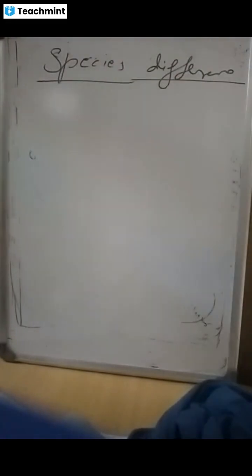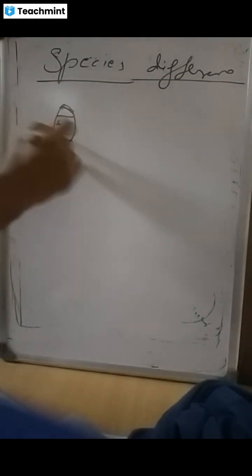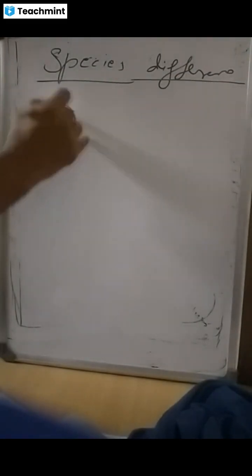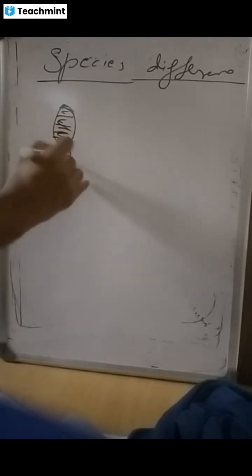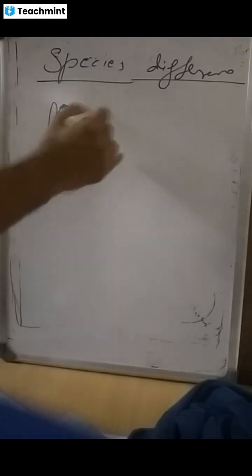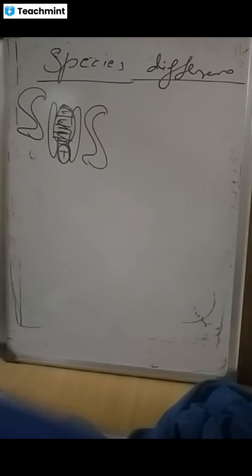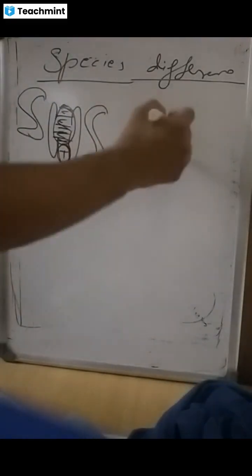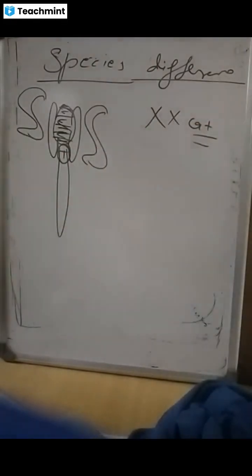Species difference. Normally, what happens? This is the cloacal membrane, and this is the tubercle. And on the side we have genital swellings. In males, in other species except cat, the tubercle will elongate.